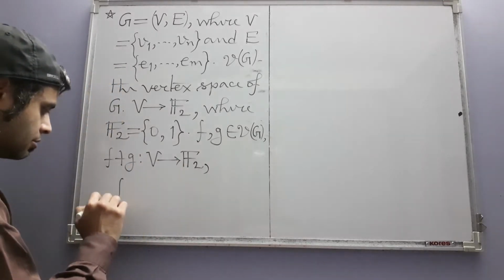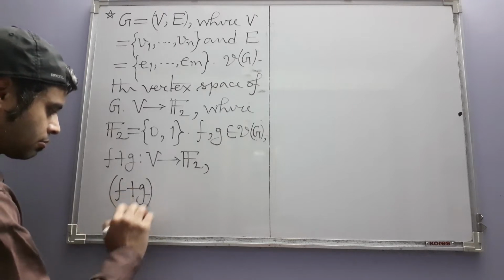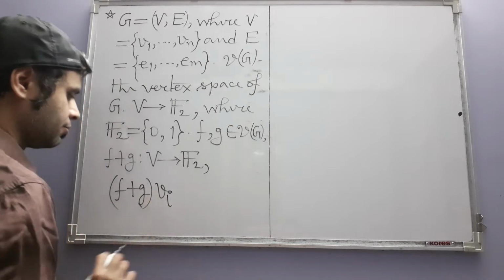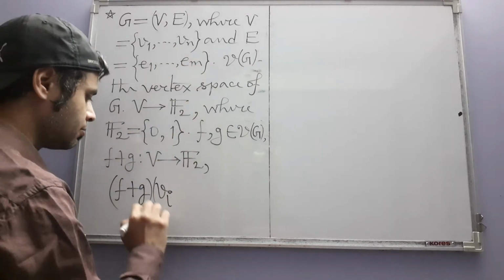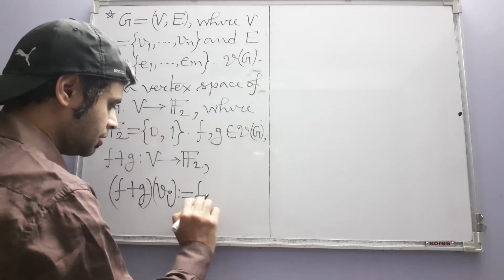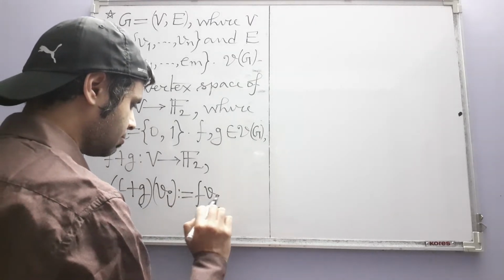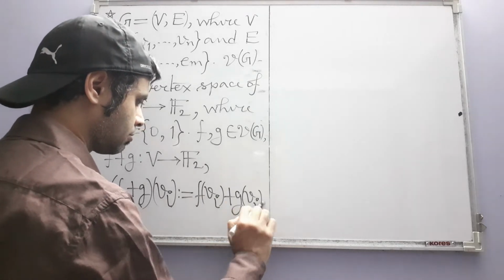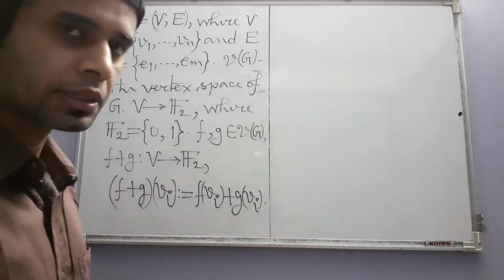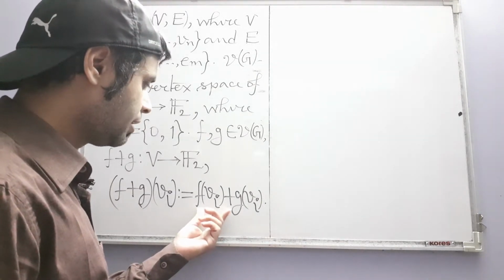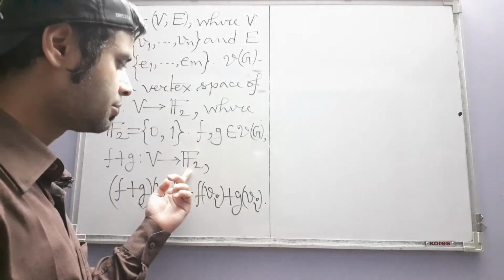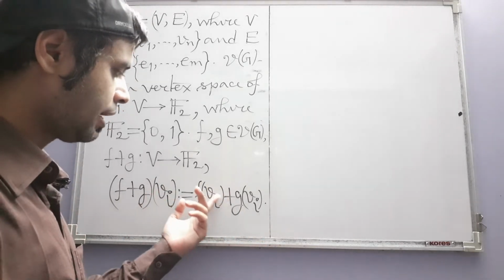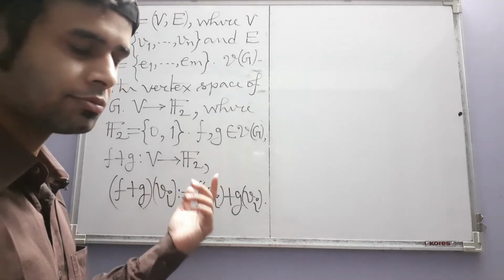That is defined like this: for any element Vi of V, it is defined to be the f image of Vi plus the g image of Vi. And it makes sense, because f of Vi and g of Vi are both elements in F2, so it is their sum in F2. That means this addition is the addition we have in the field F2.